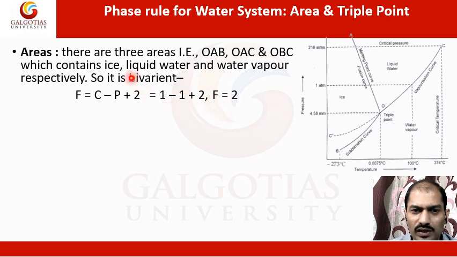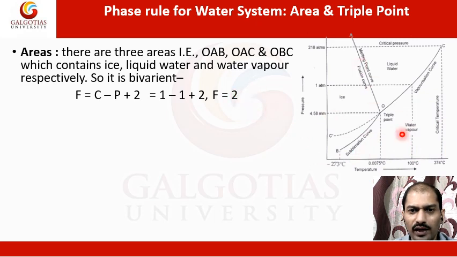Once the degree of freedom comes to 2, it is bivariant. By this way you can easily find out whether a particular diagram is bivariant when we are talking about areas. If you take the area wise, then it comes to 2 degrees of freedom.